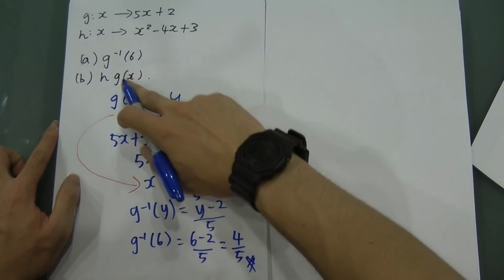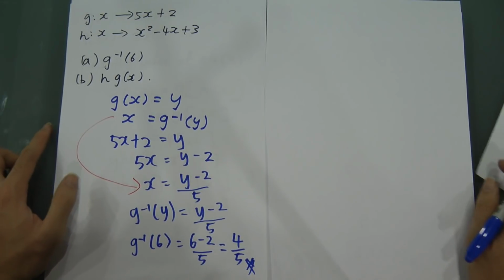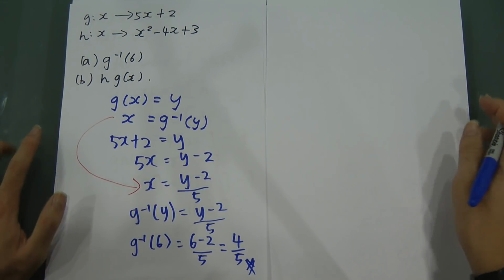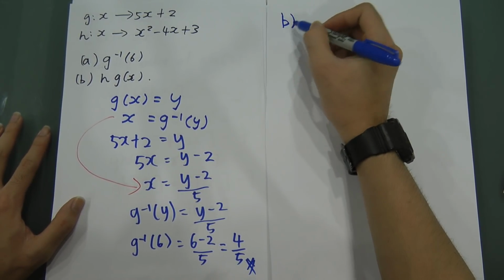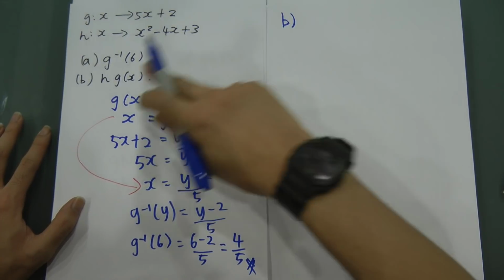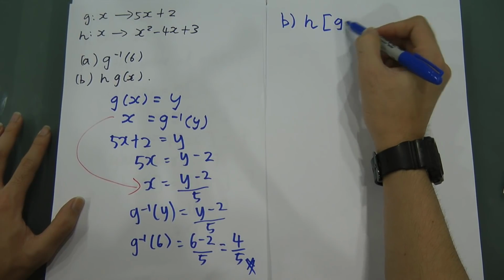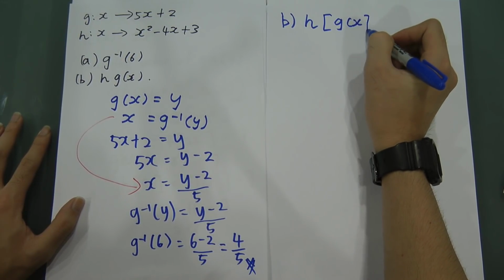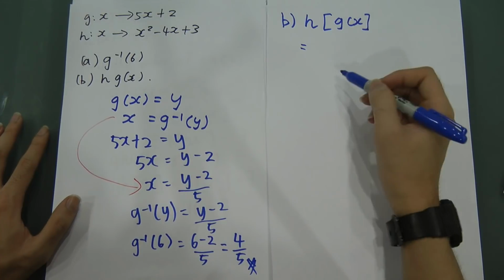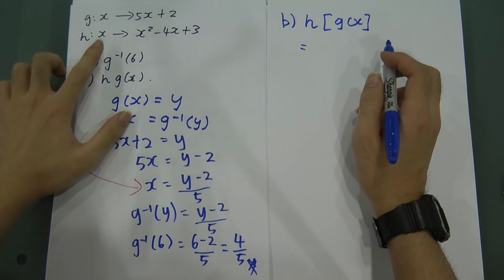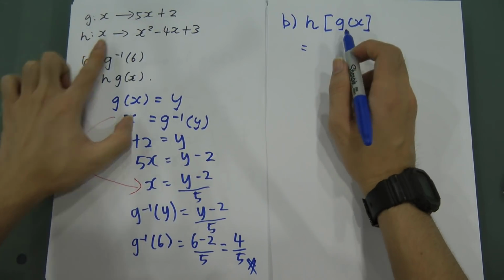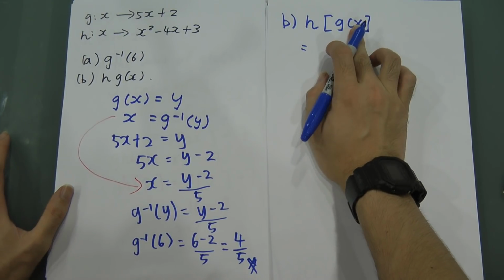Okay, hx composite function. A composite function for part B, this is quite simple. So hgx will be equal to h multiple function gx. So we assume this is hx.